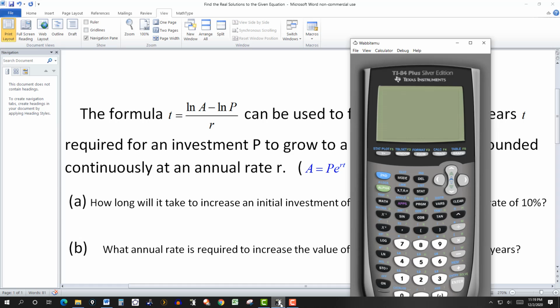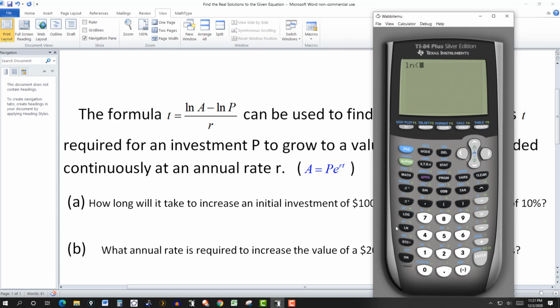So I take the calculator out. So it's ln of 8,000 minus the natural log of 1,000. Hit enter, and then divide that by the interest rate, which is 0.10.